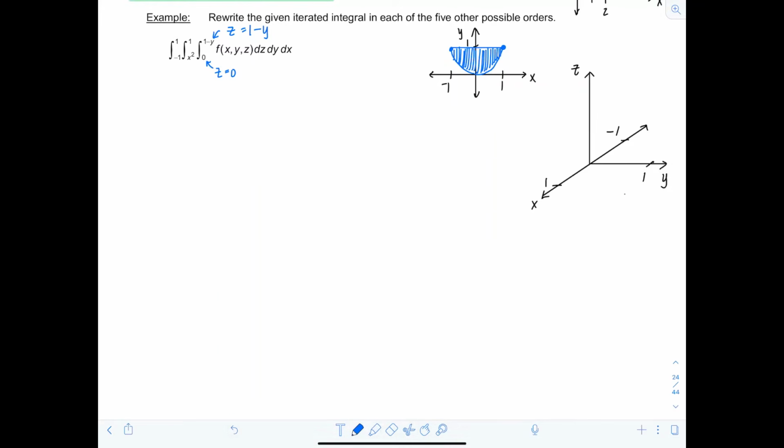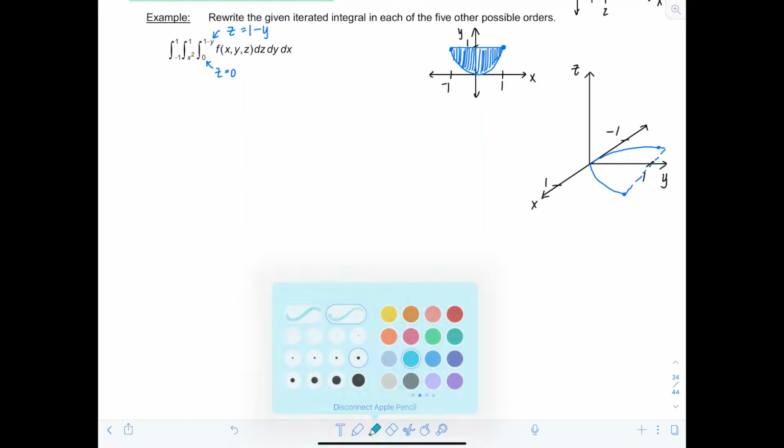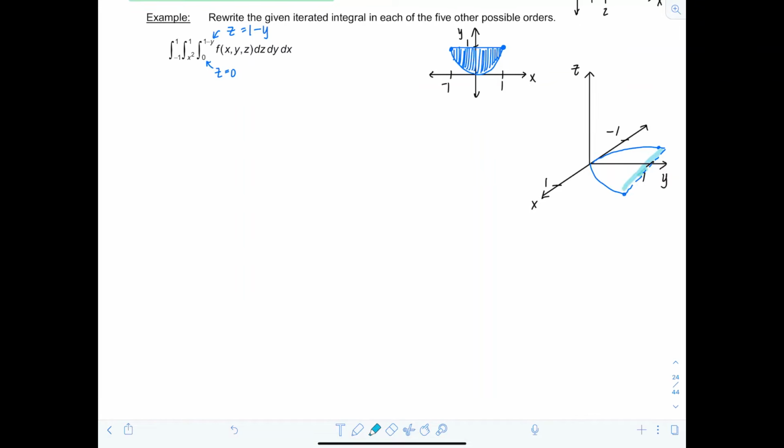Remember the base was that parabola, that's our xy plane picture. Notice the solid is bounded below by the xy plane. Maybe I'll shade this in. And then it's bounded above by the plane z equals 1 minus y.